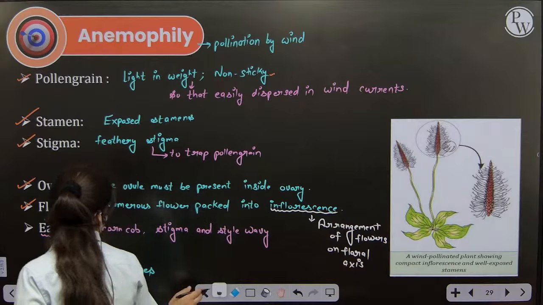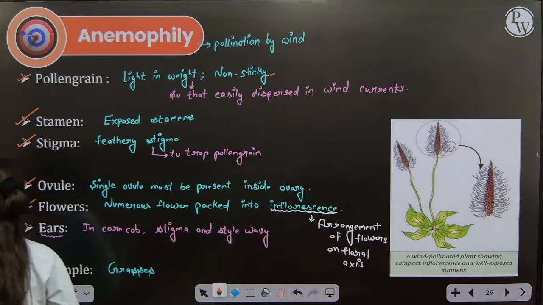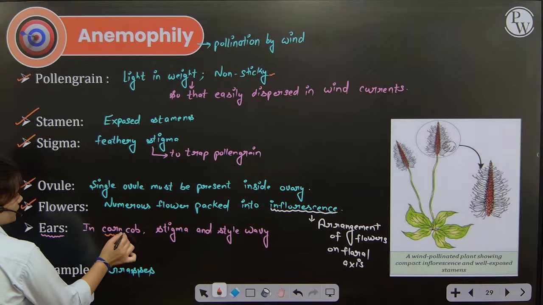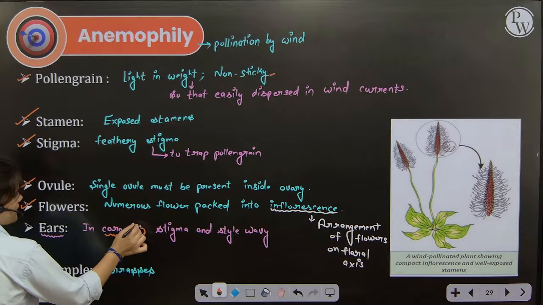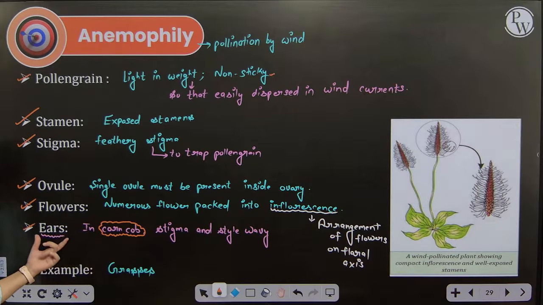Next, ears. One of the most common examples of anemophily is the corn cob. In the case of corn cob, ears are there. What are these? They are female flowers packed into an inflorescence. Stigma and style are wavy to trap the pollen grains.